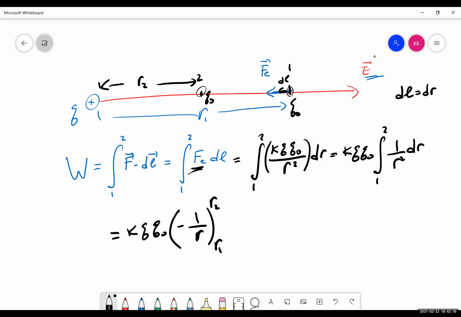If I rearrange, it becomes 1 over r1 minus 1 over r2.